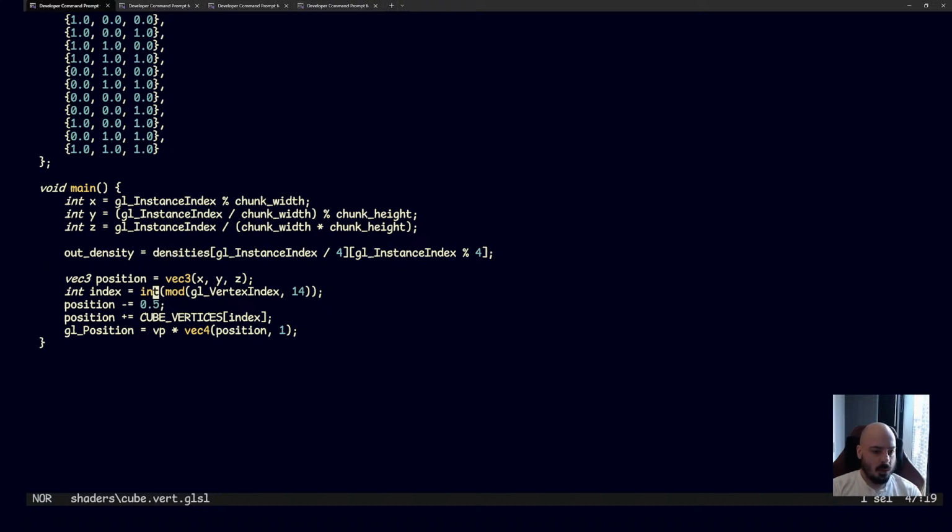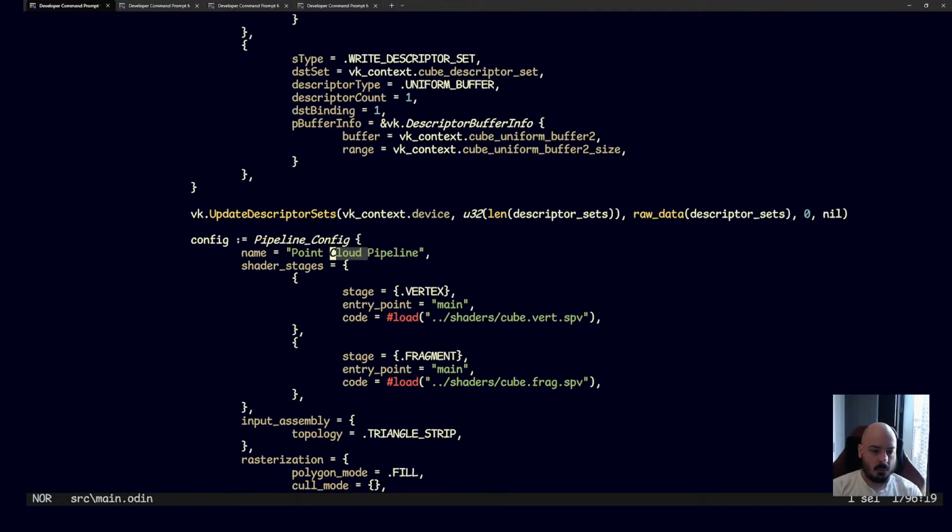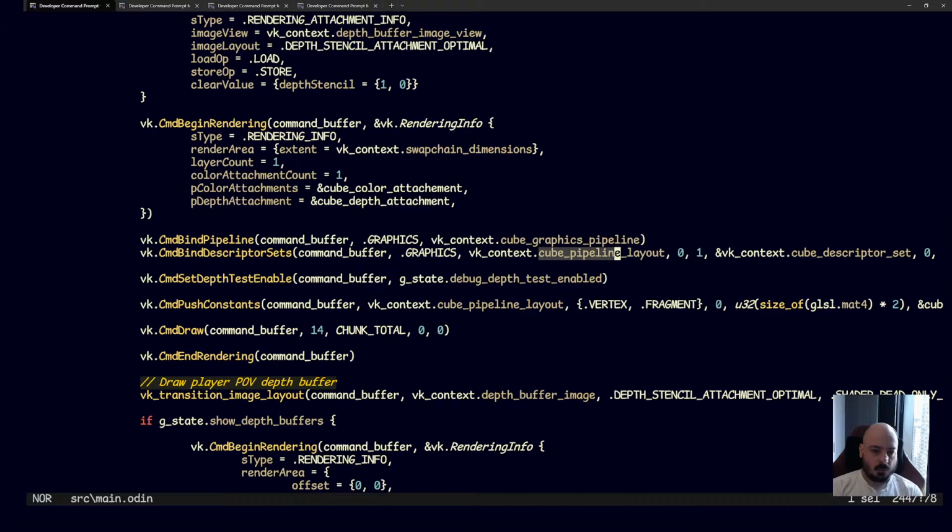So that's telling me this instance index is not correct. This is not the point cloud pipeline, this is the cube pipeline. Okay, so what's happening?